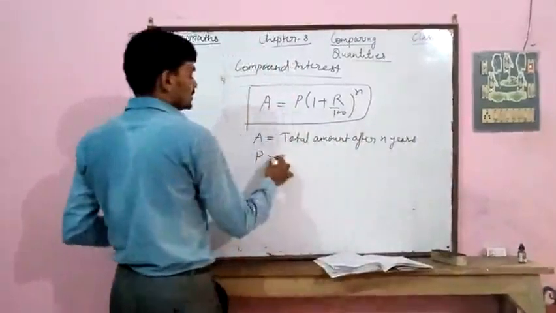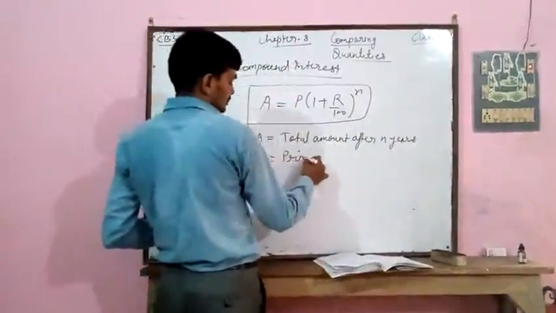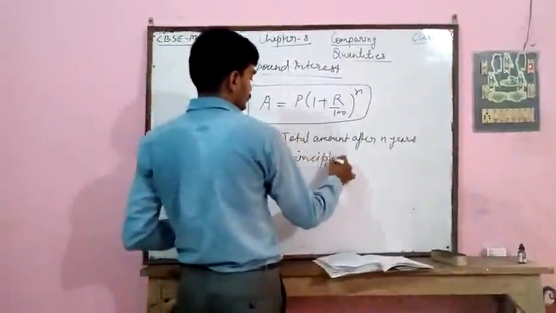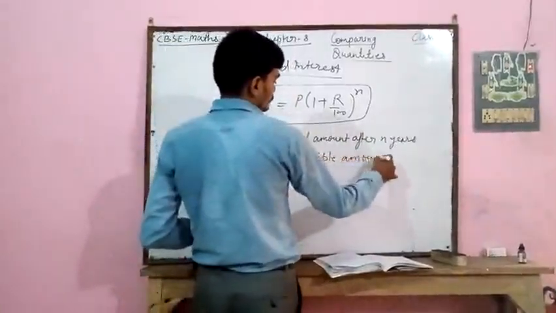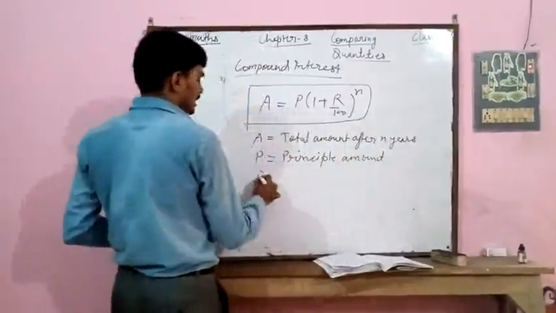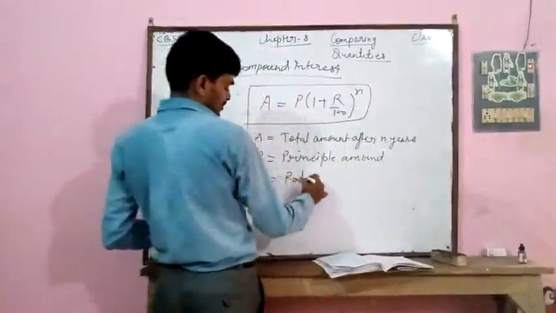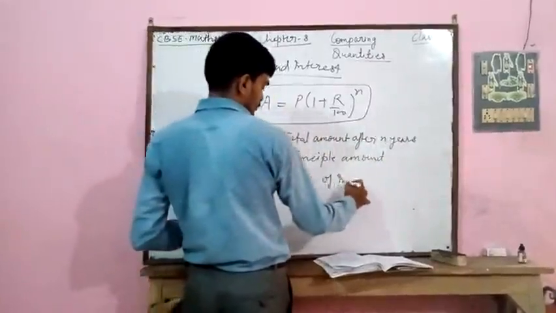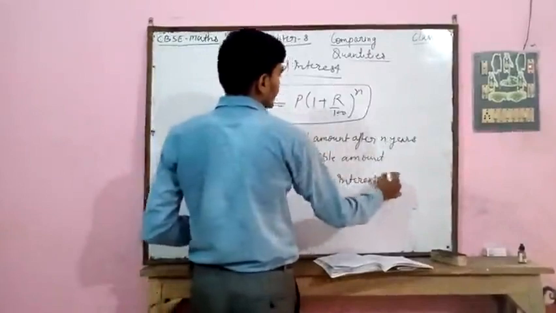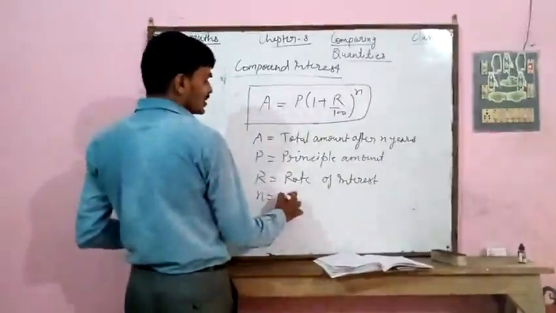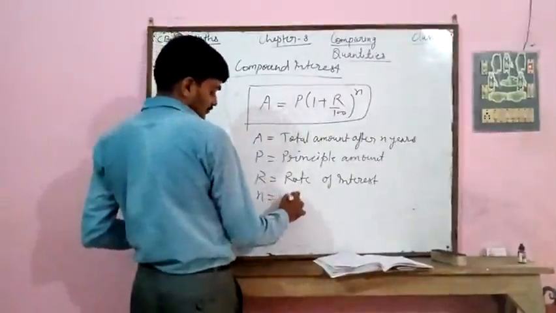P is the principal amount. R is the rate of interest. And n is the number of years.